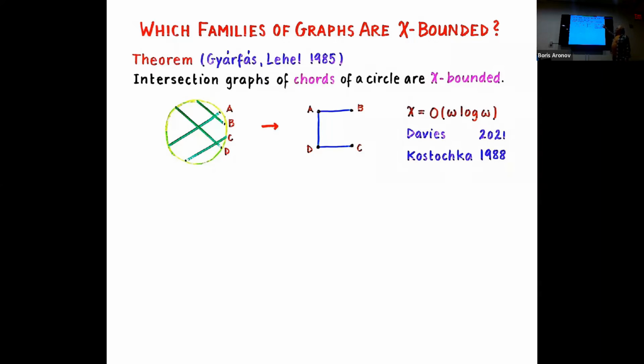And now, there was a big improvement last year, that Davies proved that actually the bound is omega log omega, and we are even close to determining the best constant. The lower bound construction, which shows examples of graphs for which the chromatic number is at least omega log omega, where omega is a big number, was already given by Kostochka in 1988.